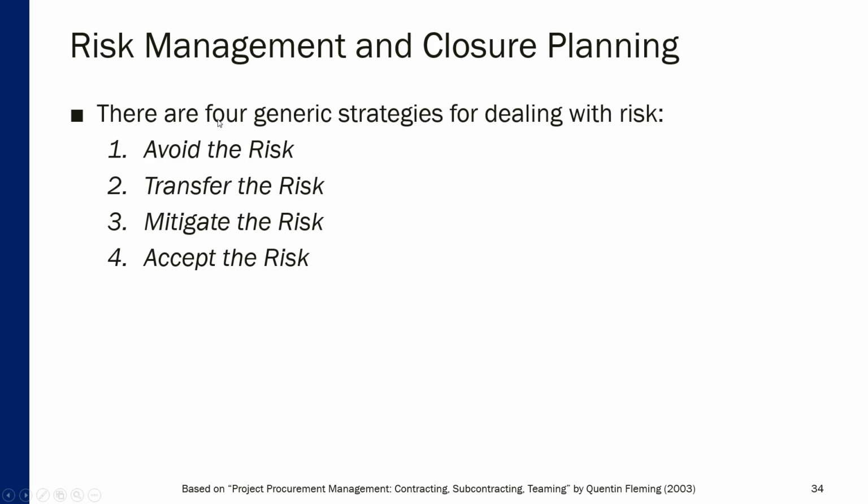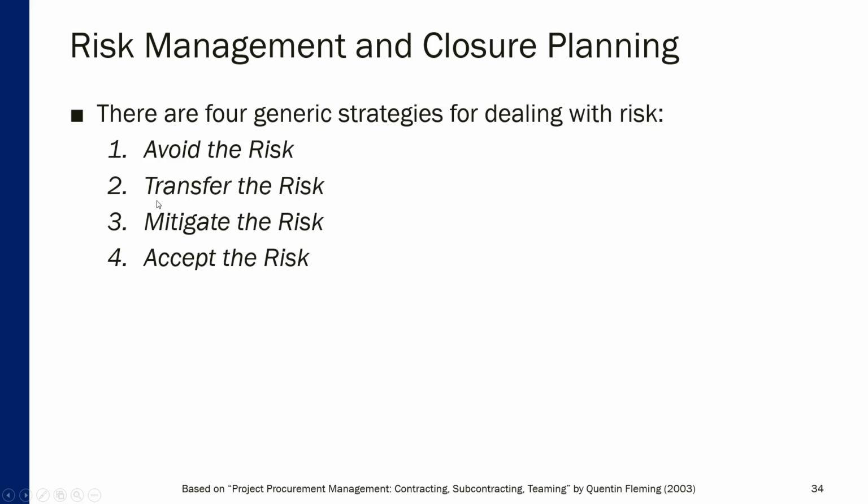Now, when it comes to dealing with the risks that you have analyzed, there are 4 generic strategies. Avoiding the risk, meaning trying to change the project in a way where the risk is not likely to happen. Transferring the risk, meaning rearranging the project or introducing some legal mechanisms where the risk, either in whole or partially, is transferred from your side to the side of, let's say, a partner or a vendor.